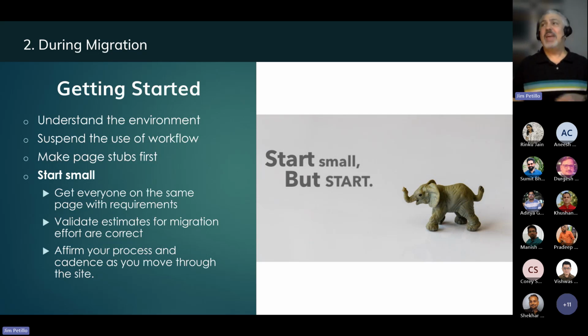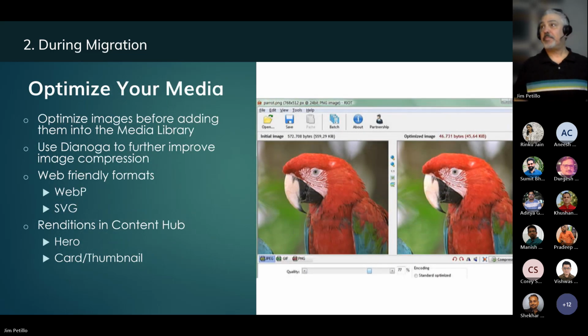Assign a few pages at the start of each batch to let everybody kind of kick the tires, get everyone on the same page for specific needs for any given template or component. These small runs can help validate the effort estimates for content entry and QA that you put into your plan. And it'll give you a chance to pivot if there's an issue that pops up.